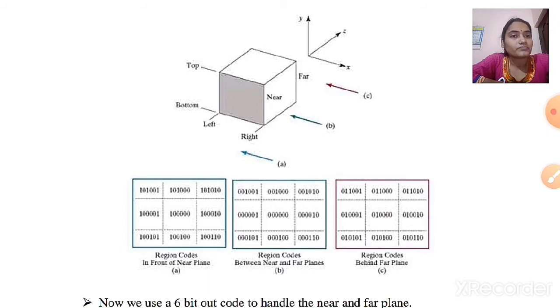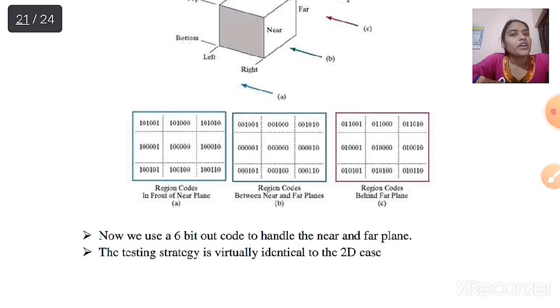The codes are also mentioned here. Now we use a 6-bit outcode to handle the near and far planes. The testing strategy is virtually identical to the 2D case. In whichever way we test in the 2D case, it is the same in the 3D case.